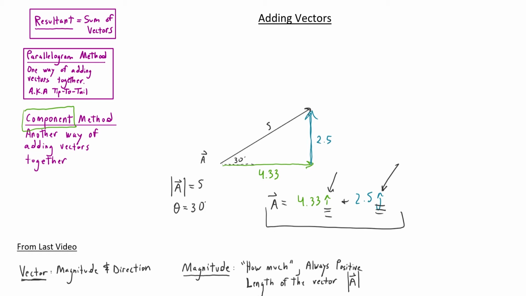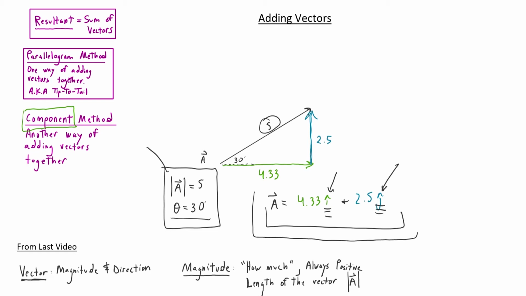In a sense, I can represent a vector with its magnitude and direction. This is kind of like polar form with its hypotenuse, 5, and its angle theta, 30. But I can also represent a vector with its Cartesian equation. Really, this just says that vector A has an x-coordinate of 4.33 and a y-coordinate of 2.5.